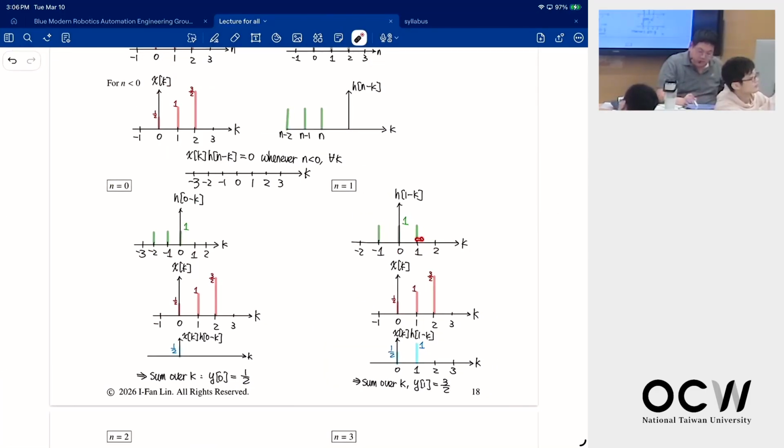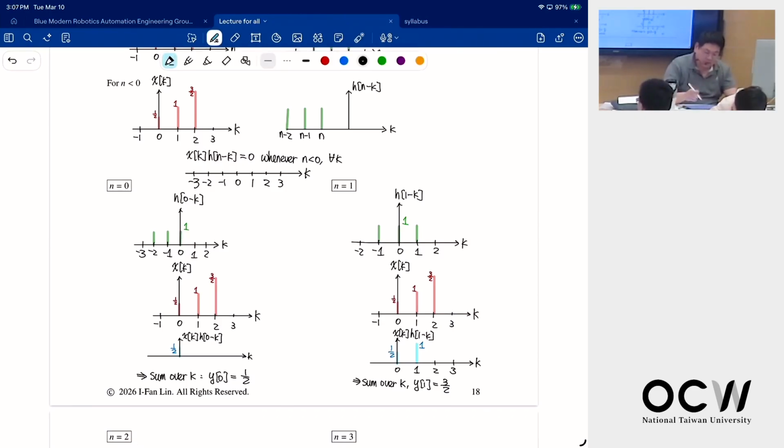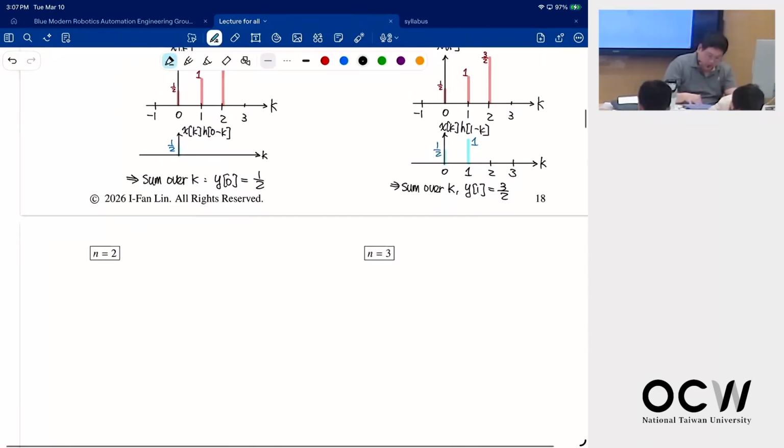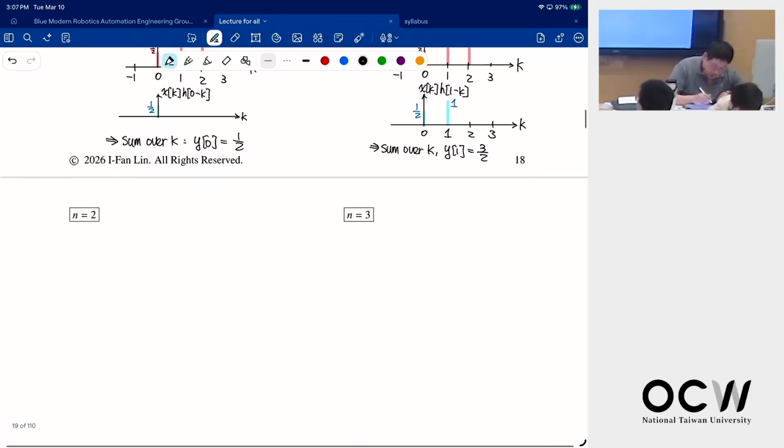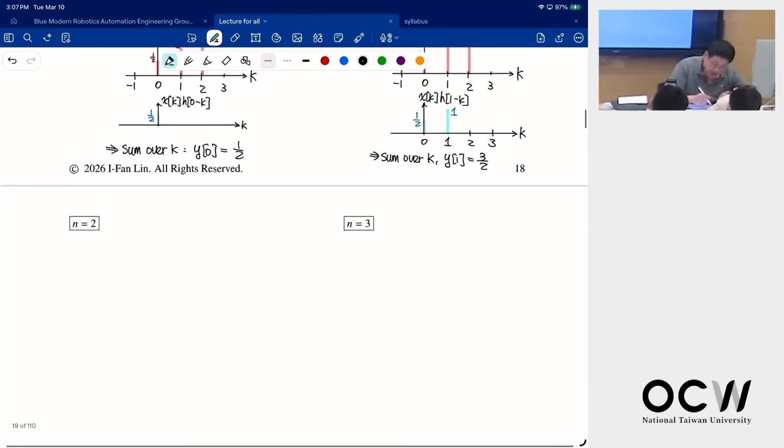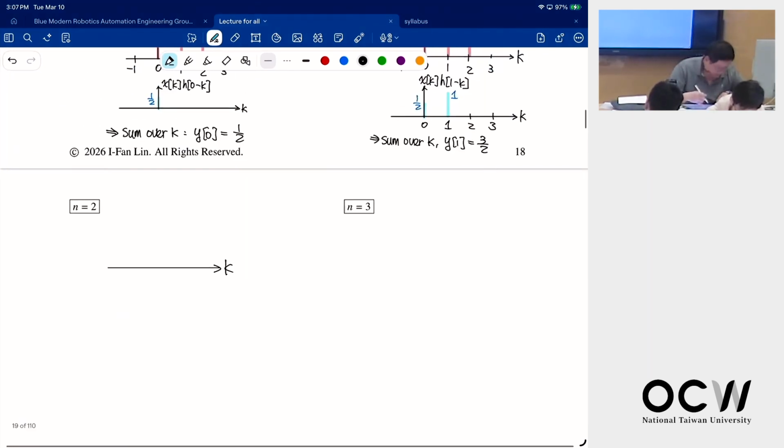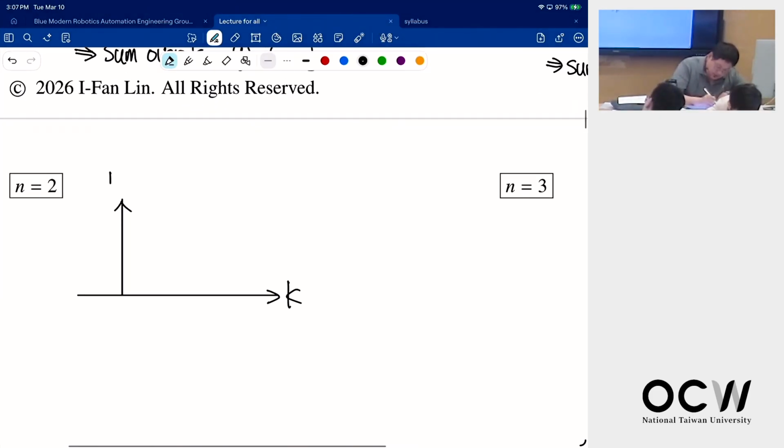Now next, we need to shift one more step. So when n equals 2, your h of 2 minus k becomes, here's your k, this is h of 2 minus k.